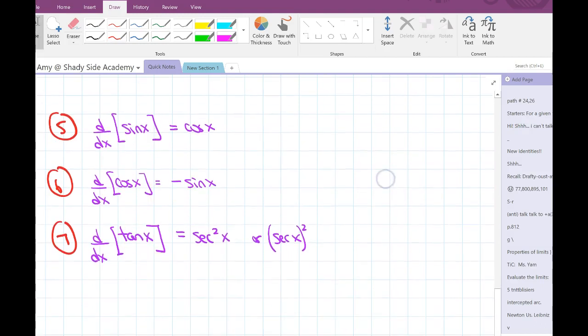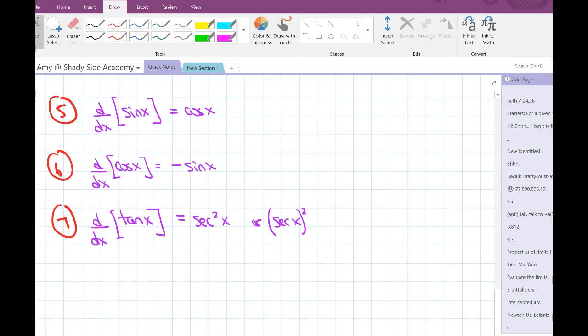If you would like the additional challenge, or if you're curious, for the derivative with respect to x of tan x, I could have you derive this by expressing tan x as a quotient of sin x over cos x, and then treat the quotient rule here and see if you can get the derivative of tangent x being secant squared x.